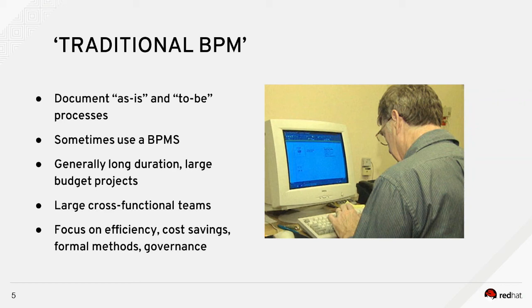And traditionally, BPM as a discipline is focused on things like efficiency, cost savings, formal methods and governance. We've developed a lot of methodologies, Six Sigma, Lean, and so forth, to support us in this work. And it's very much focused on making our organizations more efficient, moving work through the organization more efficiently, making workers more productive, and so on.